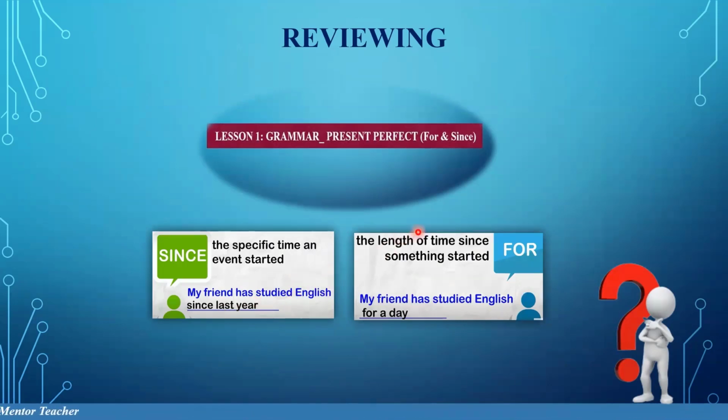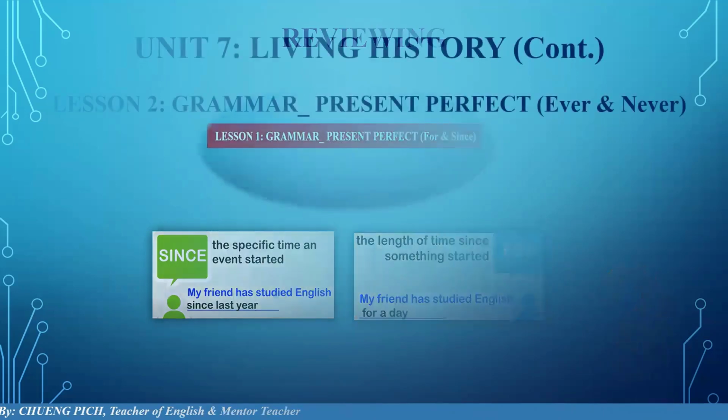And we use for to show the length of time since something started. I mean the amount of time, the period of time. For example, my friend has studied English for a day, or my friend has studied English for 5 years. So when we use for, it means telling the amount of a period of time, all right?